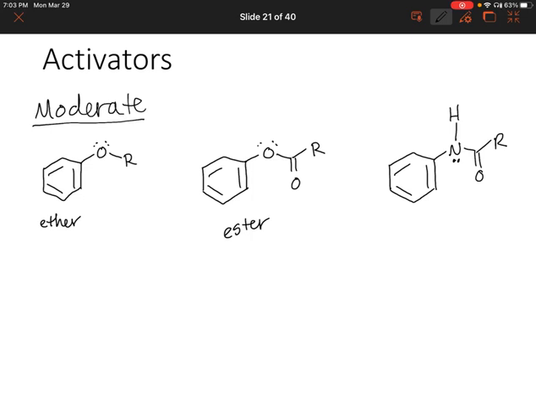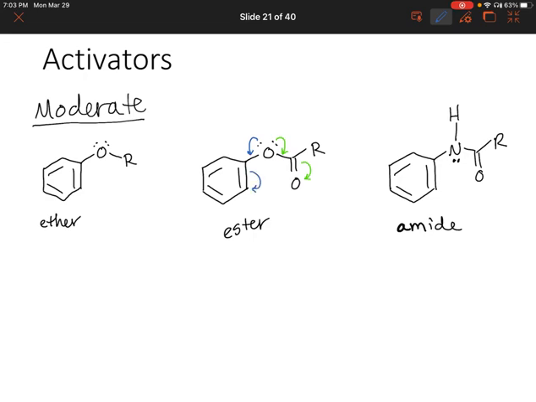So the ether just isn't quite as strong of an activator as some of the other examples we saw on the last slide. But if we look at the ester and the amide, there's some competing resonance going on. So if we look at the ester, for instance, we could move electrons to the right or to the left.